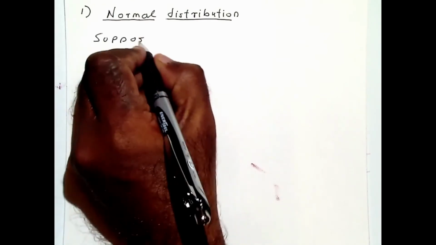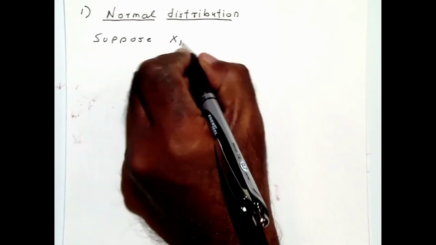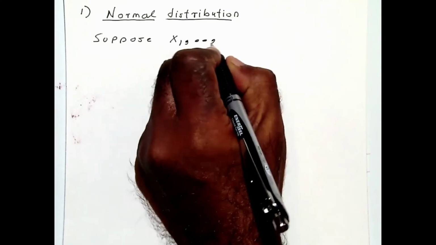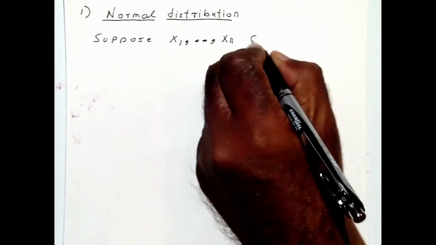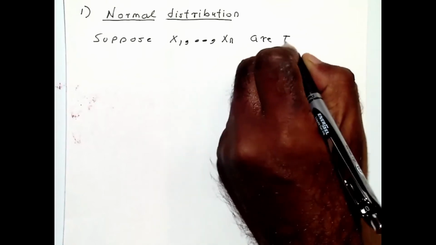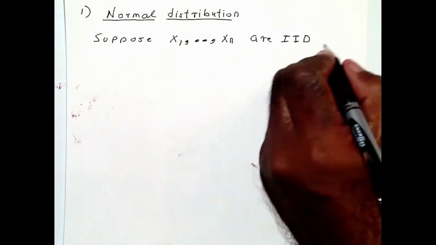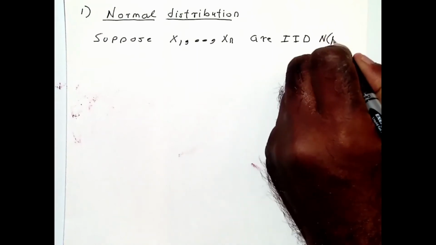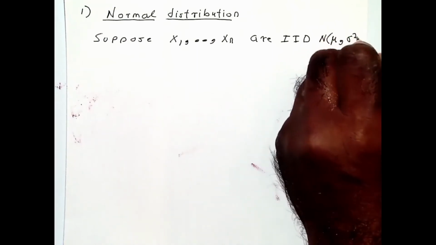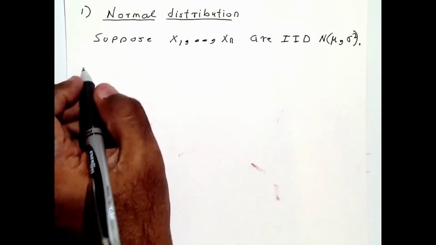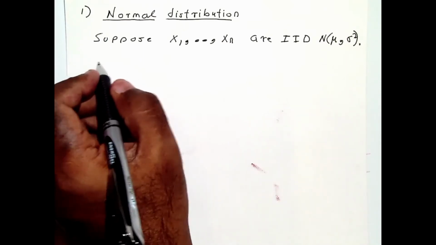So I shall suppose that the losses, say x1 to xn, are IID from a normal distribution with parameters mu and sigma squared.